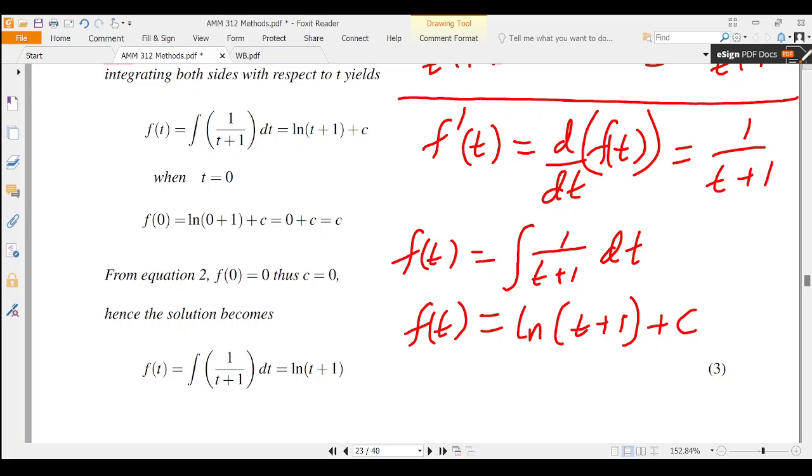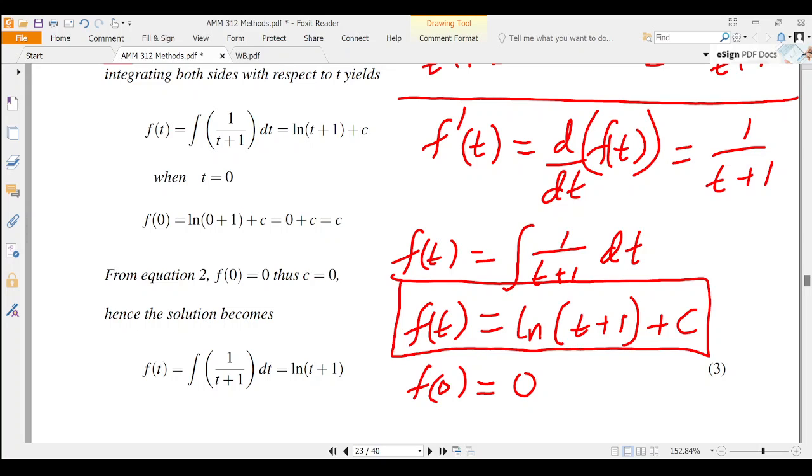But we had seen that f of 0 was equal to 0. So we can evaluate this function at t equal to 0 and equate the result to 0. When t is 0, we get f of 0 equals logarithm of 0 plus 1 plus c.